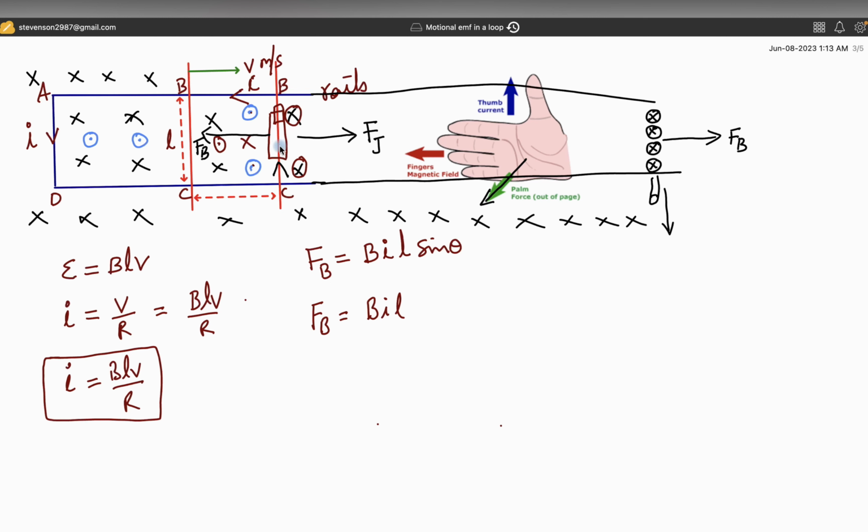A little force will be sufficient. Once that force is given, that is the amount of work that the external agent is doing, very little work. But once that force is there, induced EMF and induced current are generated, magnetic force is also generated, and that magnetic force now starts pushing it to the right.